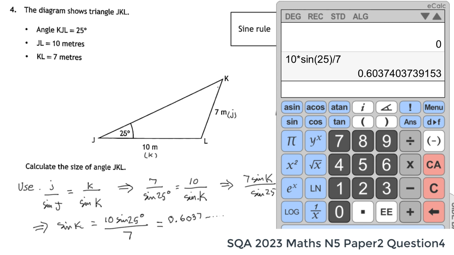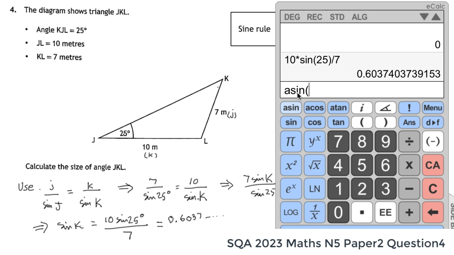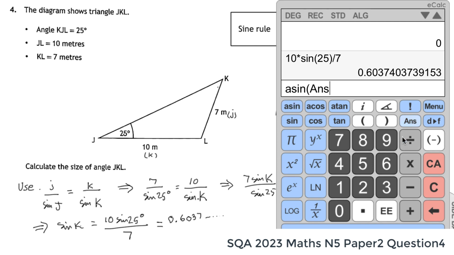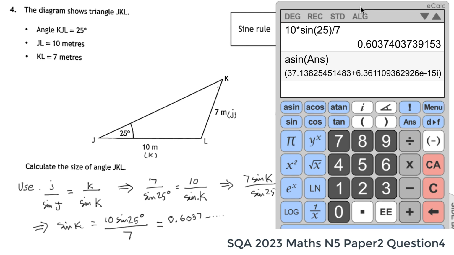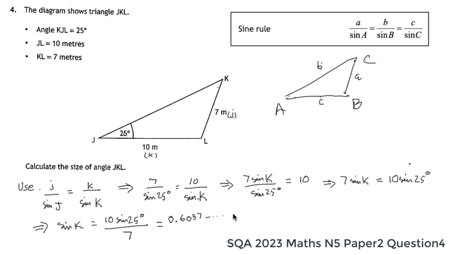So using that on the 0.6037 etc, sine to the minus 1, which is the more common one, with that answer, which gives us an answer of 37.138 and so on. So that means K, the angle K, is 37.138 and so on, that number of degrees.